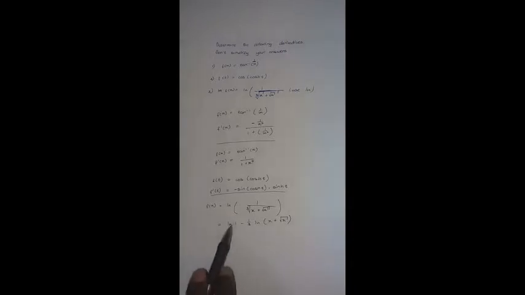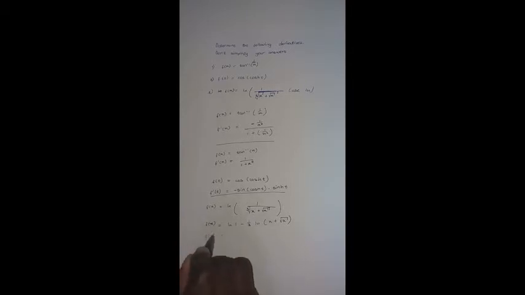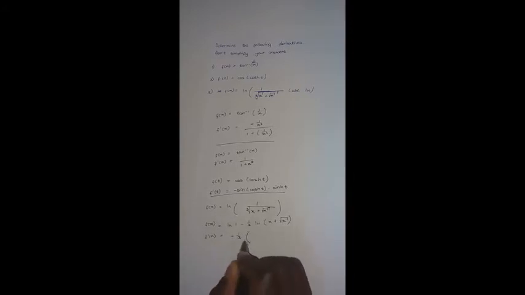This one will be 0 since it's a constant, so your f of x becomes this, and your f prime of x just becomes negative 1 over 3 of 1 plus 1 over 2 root x, over x plus your root x.